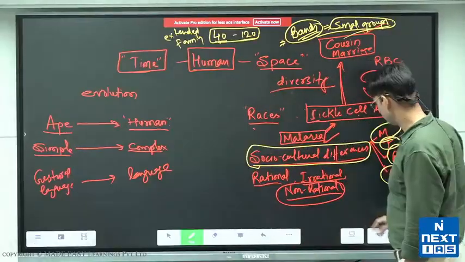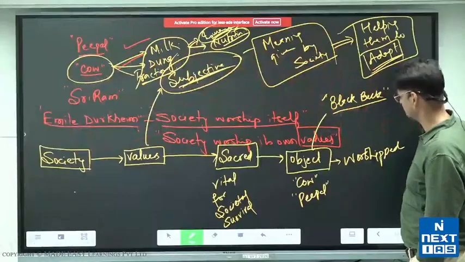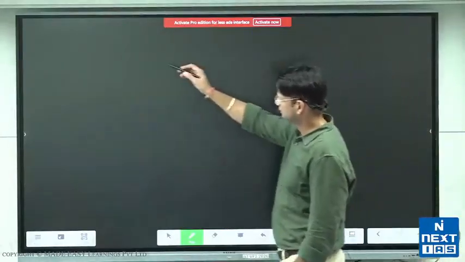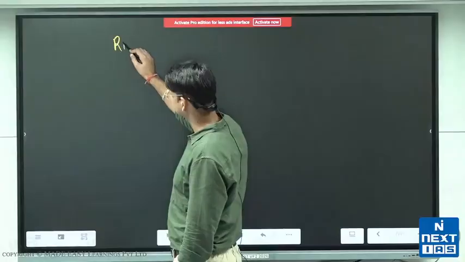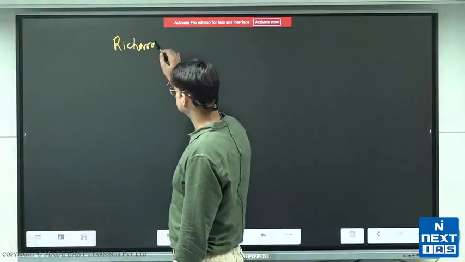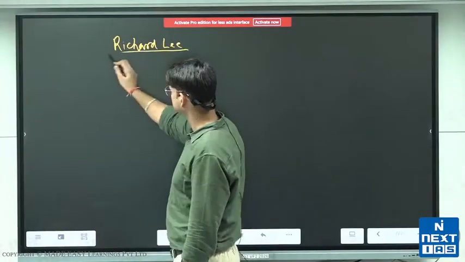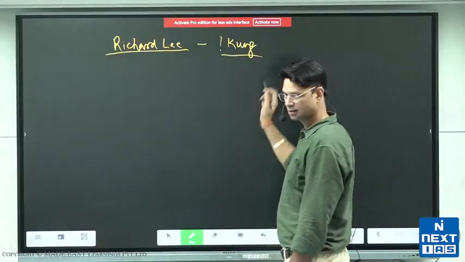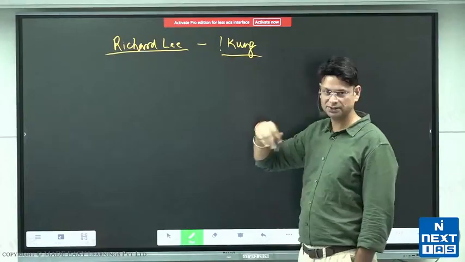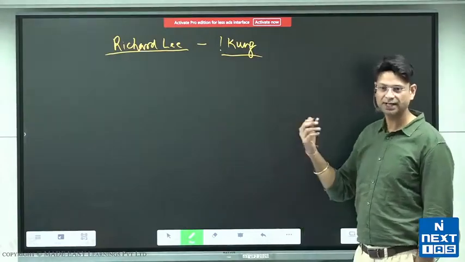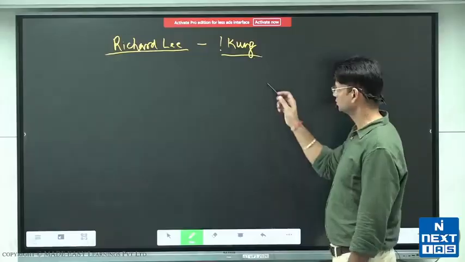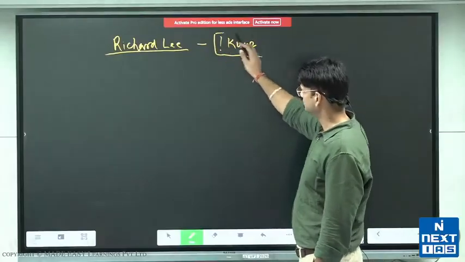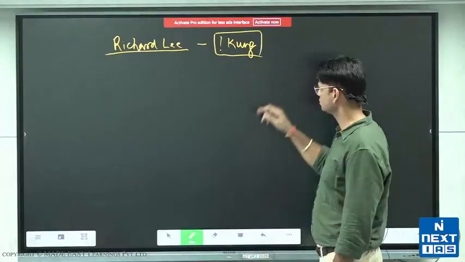Okay, these bands, they are very, very interesting groups. There is a scholar called Richard Lee. He went to study the !Kung. This exclamatory mark means Kung. They have a click language. So he studied the Kung people for almost 3 years.